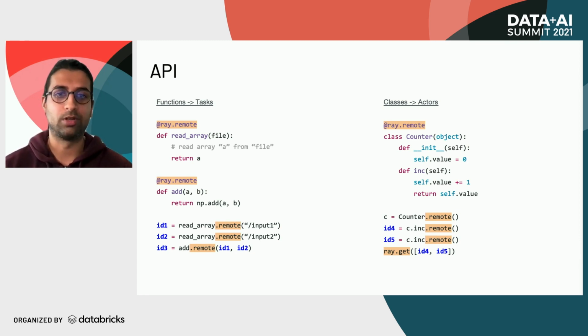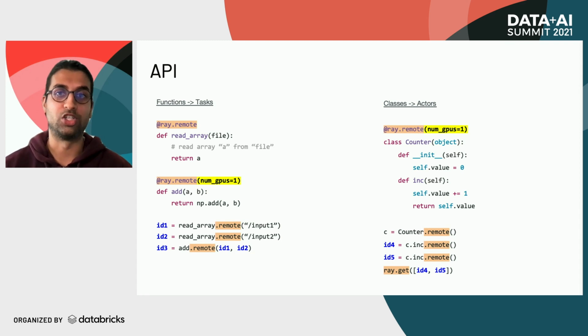So in this example, these three tasks are executed sequentially on the actor, and there's no parallelism among these tasks, and they all share the mutable state of the actor. You can also easily schedule these tasks on GPUs by specifying resource requests, and this allows users to easily parallelize, for example, deep learning applications.